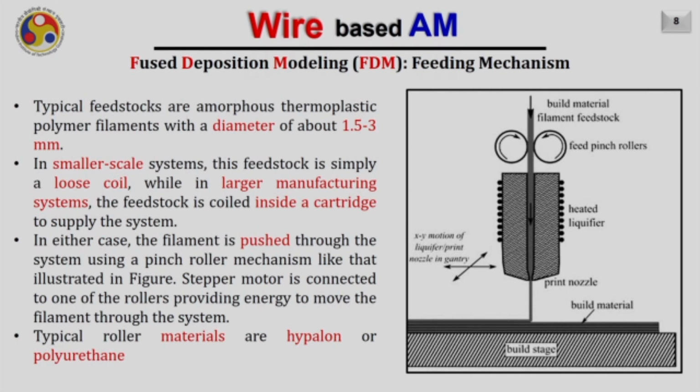In smaller scale machines, these filaments are available as a loose coil. But in a sophisticated system, these filaments are available as a cartridge, and you can just replace the cartridge like you do in your conventional 2D printer.